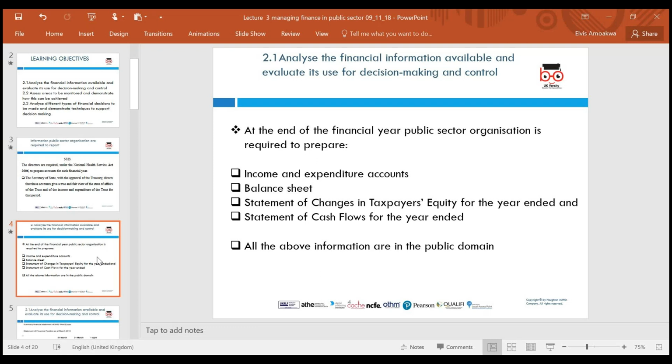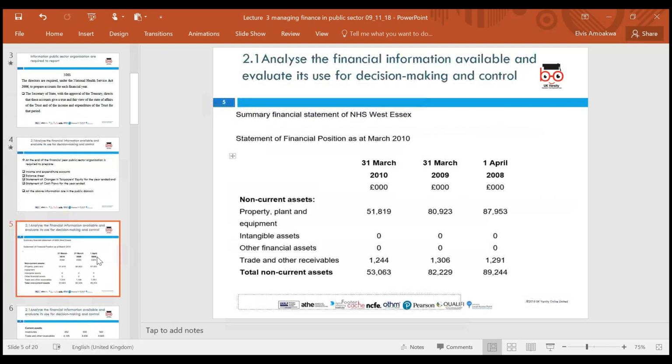And then they also have to provide a statement of cash flows for the year end. So these four financial statements are always in the public domain, and you can find them anywhere. So we will use one of them to see how best we can use that information to make decisions. All right, let's look at our next slide.